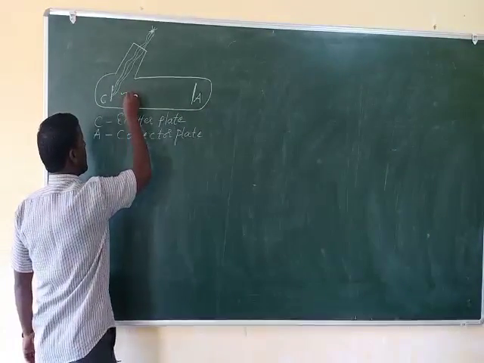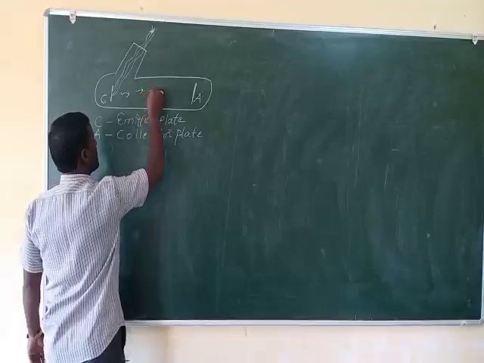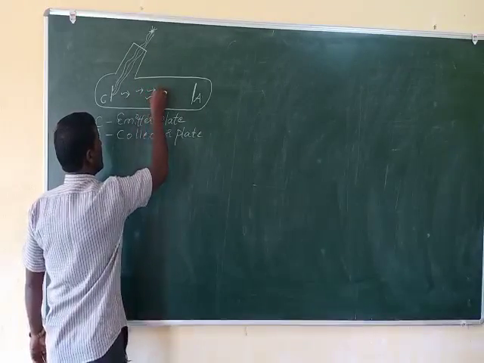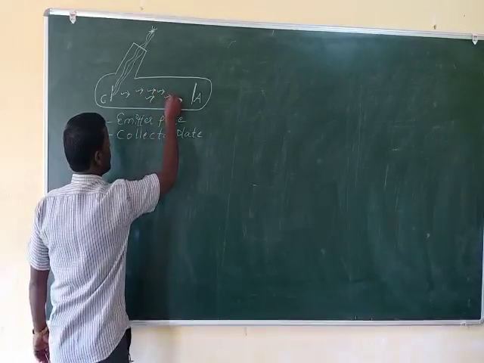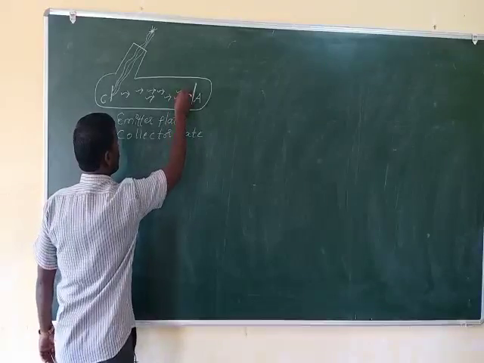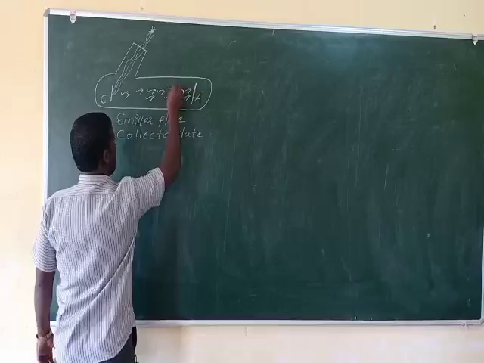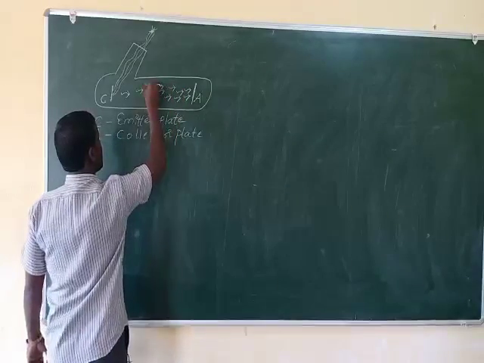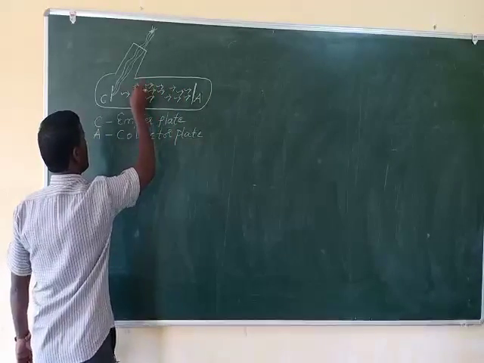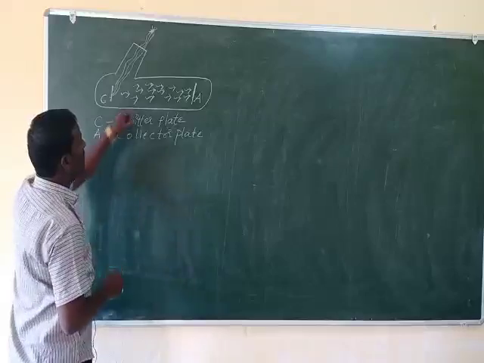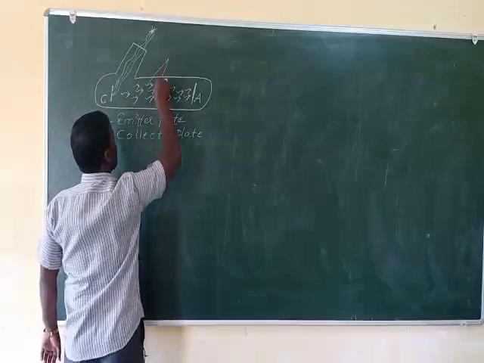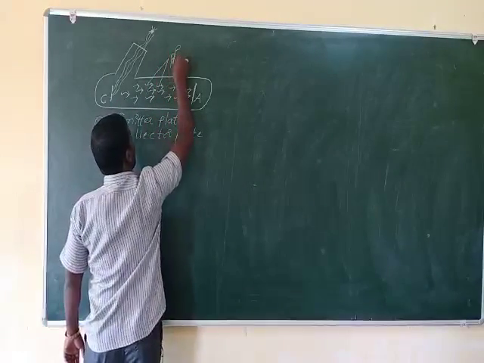The electrons emitted from the emitter plate C move towards the anode plate or collector plate, and they are collected by the plate A. And these are called photoelectrons.